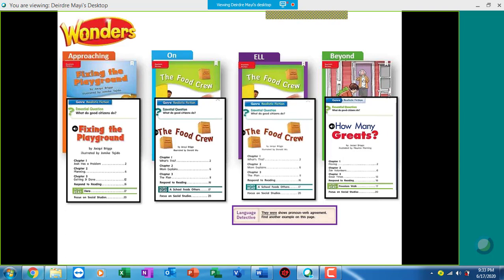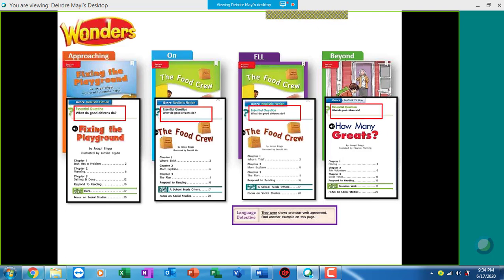The vocabulary will be the same. The comprehension skill and strategy will be the same. Notice for ELL, there is a language detective feature that you'll find inside. You'll also find for your English language learners, there's more caption support. Every leveled reader has 2 selections inside. So the title that you see on the cover, but then there's also a paired selection. So you'll have lots of great resources for students, a lot of great literature for students to read.